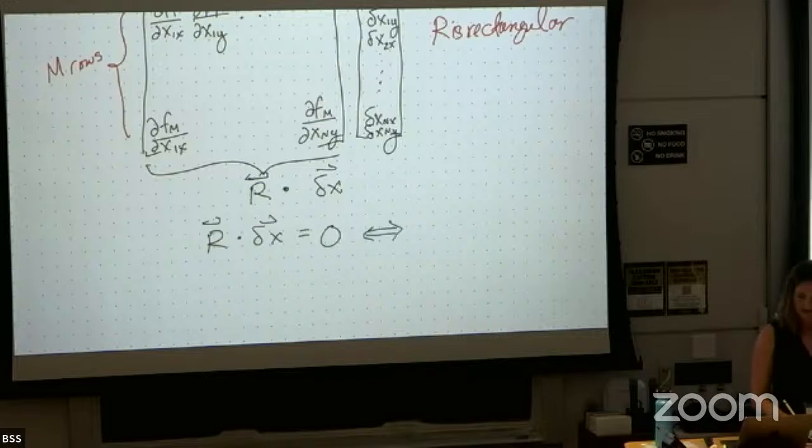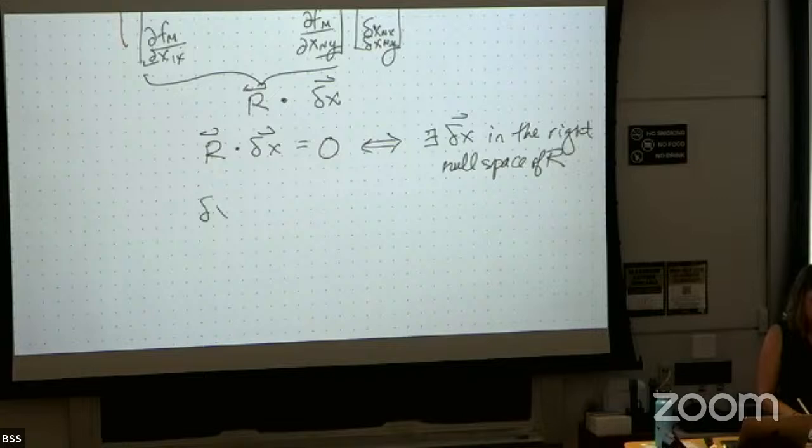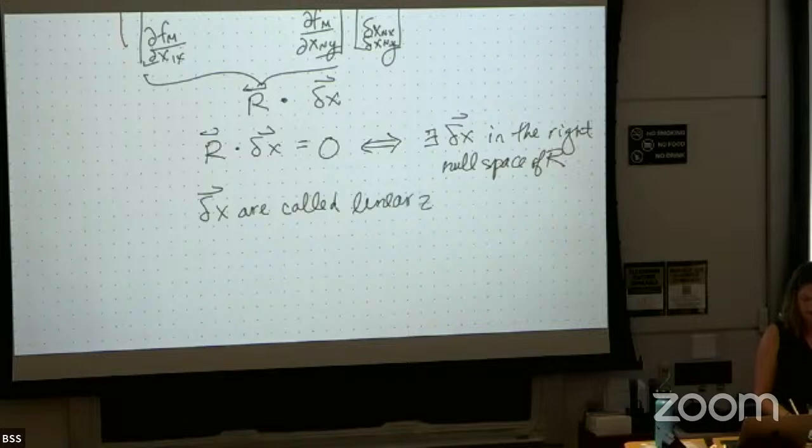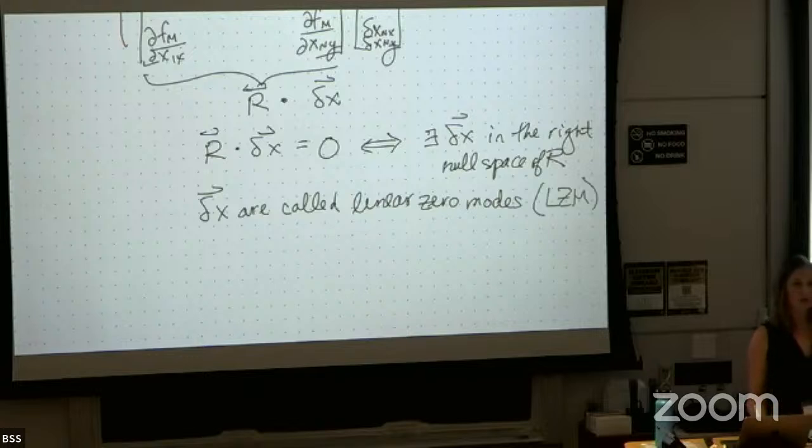Of course, this means that there exists a delta x in the right null space of R. And if there does exist such a thing, these dx are called linear zero modes. And I will refer to them as LZM sometimes for the rest of this lecture and tomorrow.